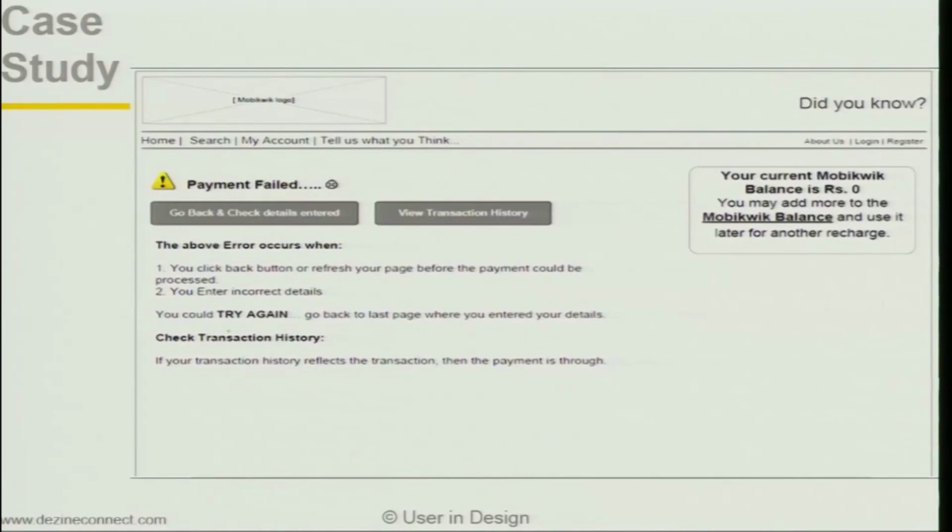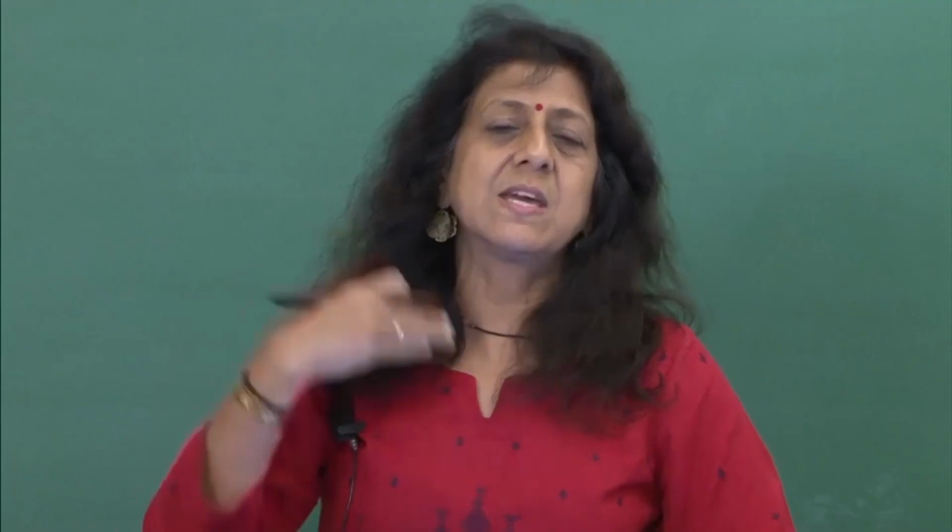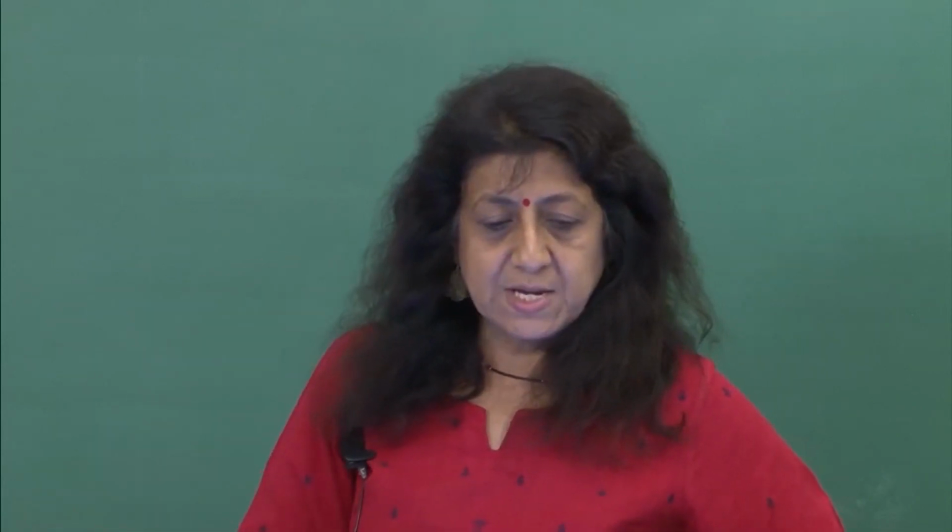That is what the MobiKwik example was about, and the progression of how through usability testing and iterations they improved the design. Now I want to show you another example of eCycle, electronic waste recycling. This is one of the earliest prototypes that they had created.